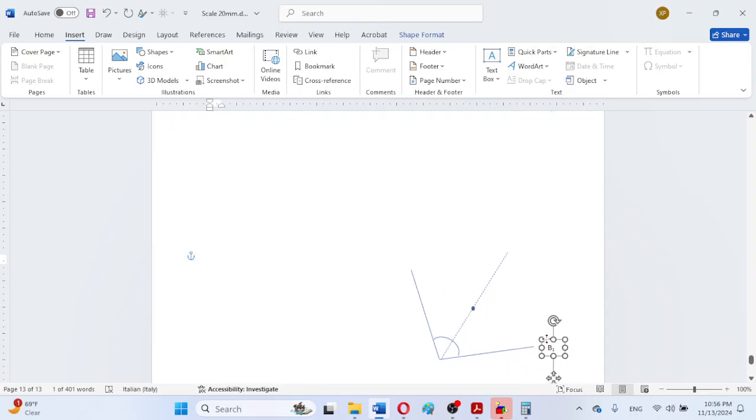So this is position B1. Now again copy and paste it, move it, and change it to B2.